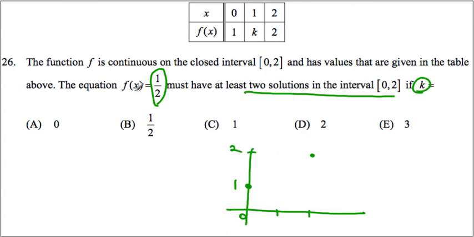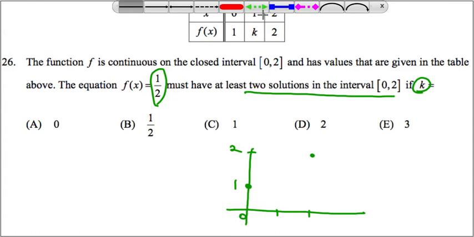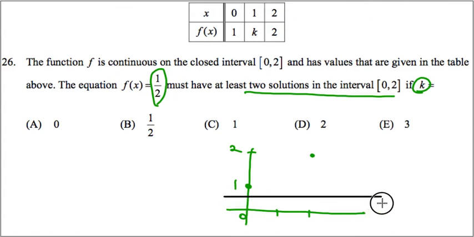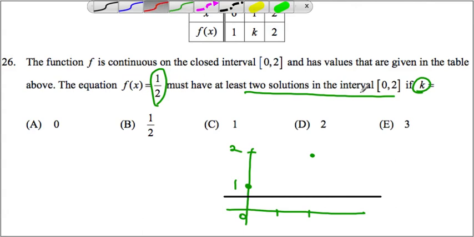Now, f of x equals 1/2 must have at least 2 solutions. What does that mean? That means if I were to draw a line at 1/2 over here, you will realize there are 2 places where the function cuts across. How can we have that? That's only possible if this value of k is below this 1/2.